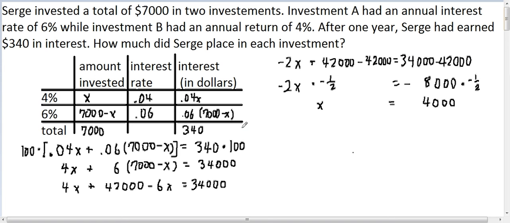And to find the amount he invested into the 6% investment, we just subtract 4,000 from 7,000, and that gives us 3,000. So Sergey invested $4,000 into the 4% account, while he invested $3,000 in the 6% account.